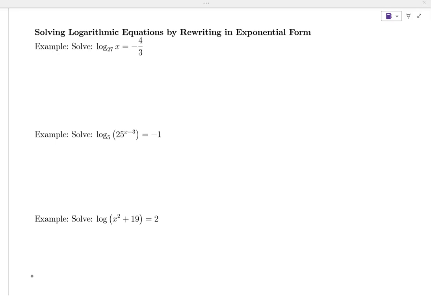Remember that one? So remember we said we could change log base B of any other log that we wanted to.